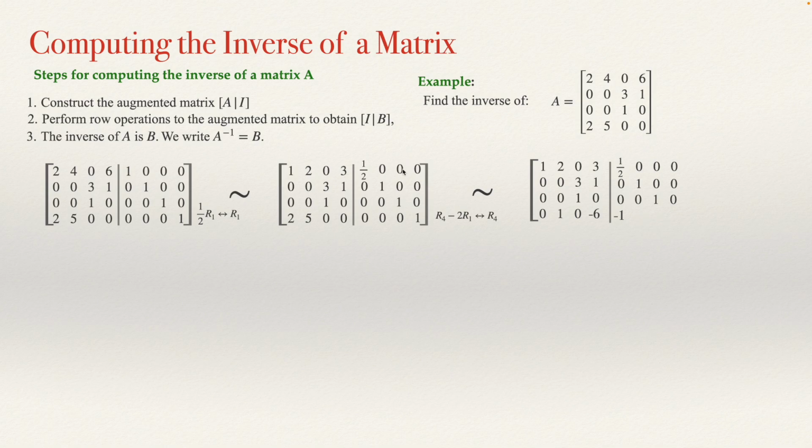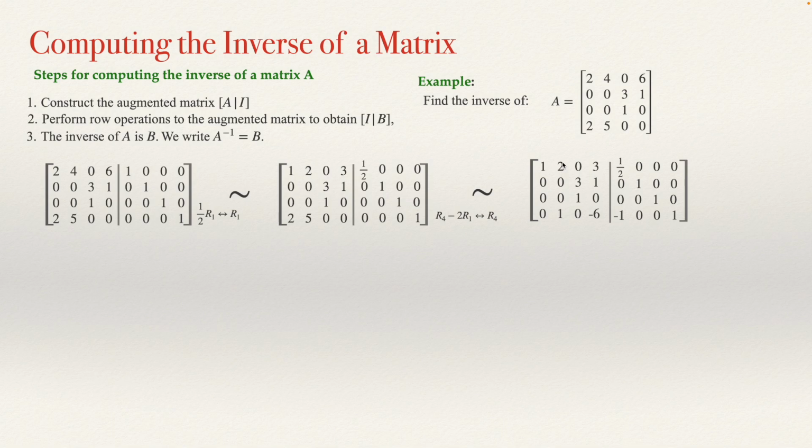When you multiply 0 by minus 2 it is 0, so 0 minus 0 is 0. 1 minus 0 is 1. So this will be the new matrix. We are transforming the first matrix into the identity, and by doing that, we are transforming the identity into another matrix. And at the end here, we're going to have B, if this is invertible, if actually we can transform this A into the identity.